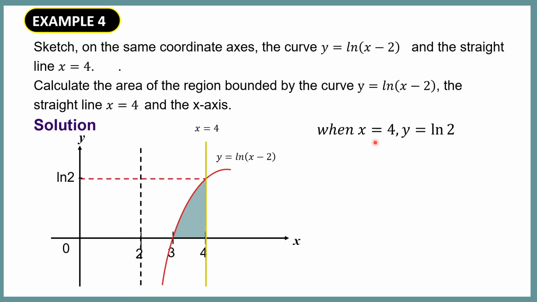Next, we convert x in terms of y from y equal ln in brackets x minus 2. Thus, we have x minus 2 equal e to the power of y. Therefore, x equal e to the power of y plus 2.